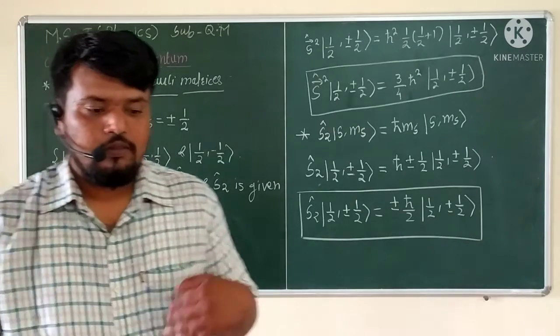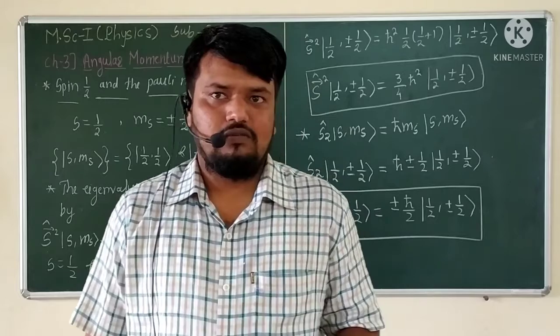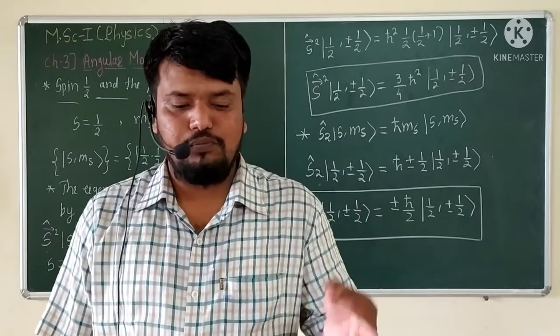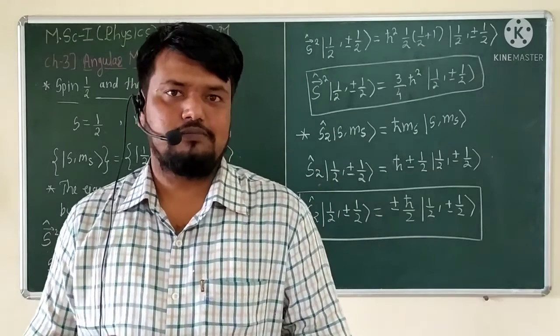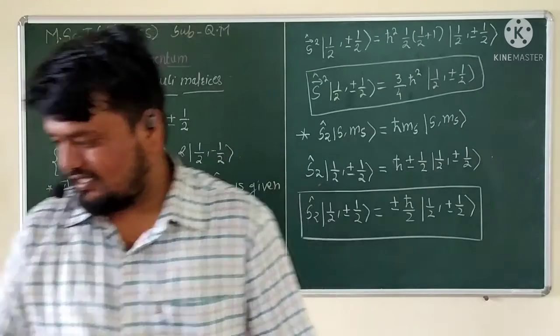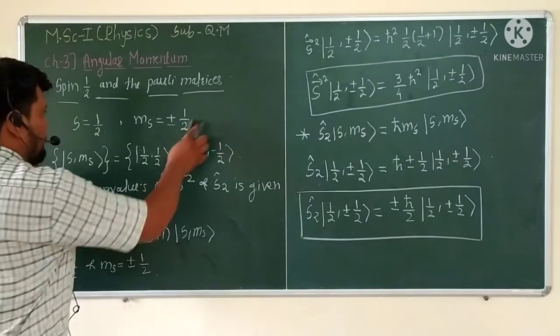So we want to see once again the graphical representation of the spin, and we have to know how the calculation is done for the spin taking the value of plus half. So that is the graphical representation of the spin.